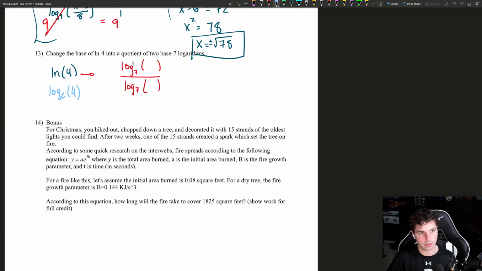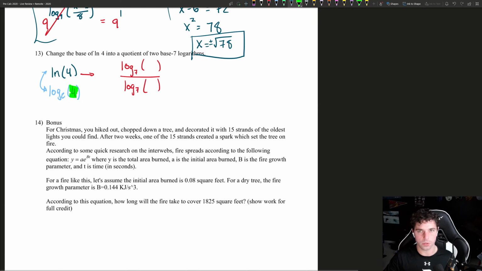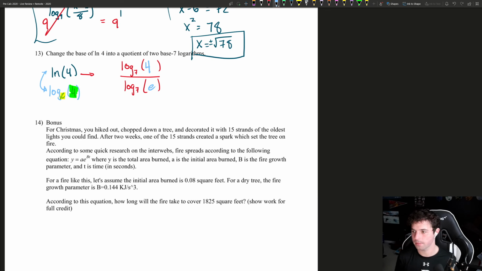These mean the same thing. This thing inside parentheses goes up top. And then this base goes down bottom. And then we're done. That's it.